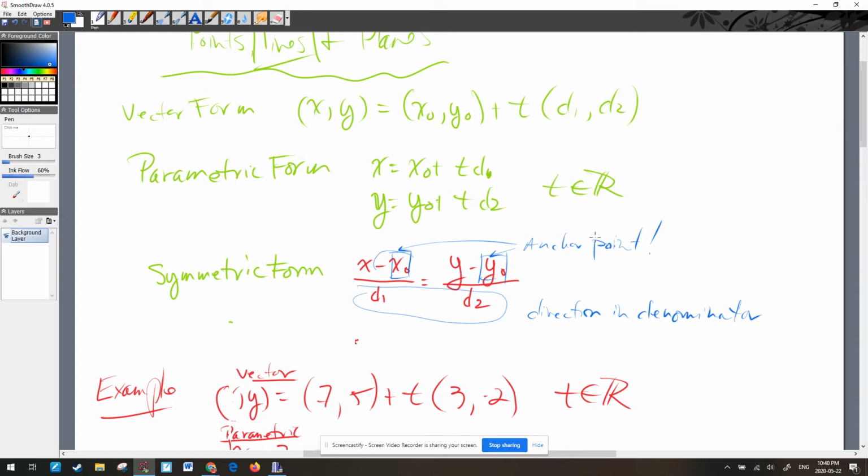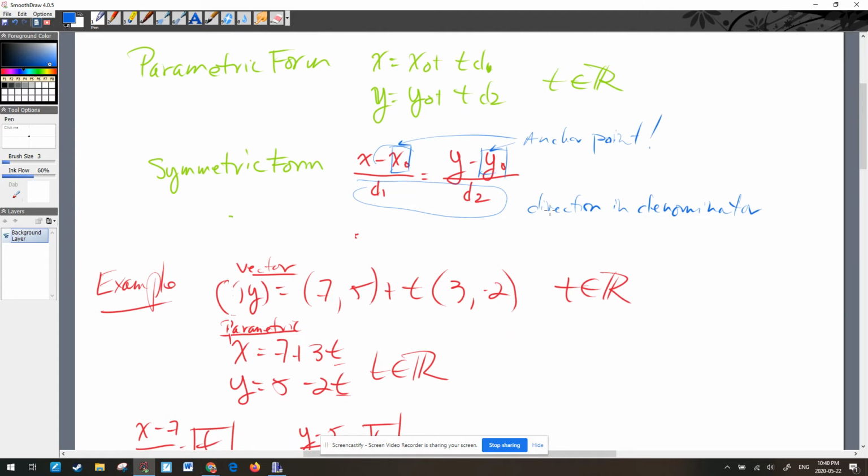Okay, and there it is. I didn't really give myself enough room. There is a third form that you've played with before, the Cartesian form as well. The Cartesian form is ax plus by plus c equals 0.